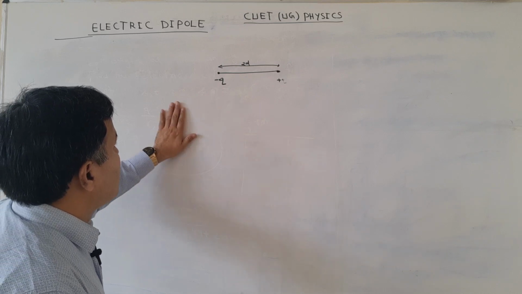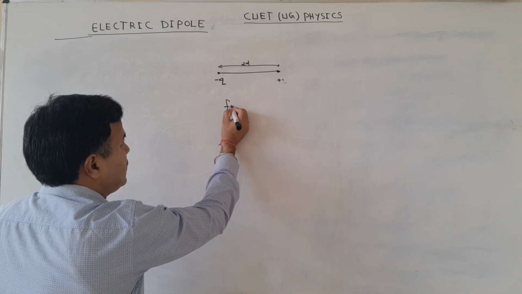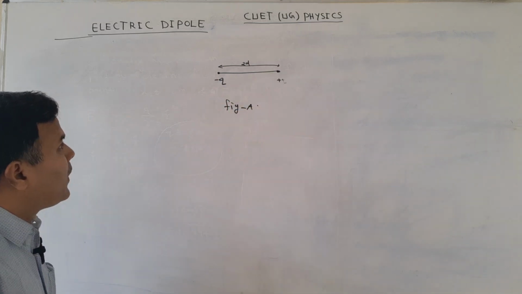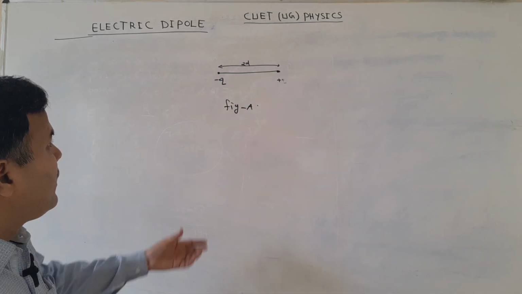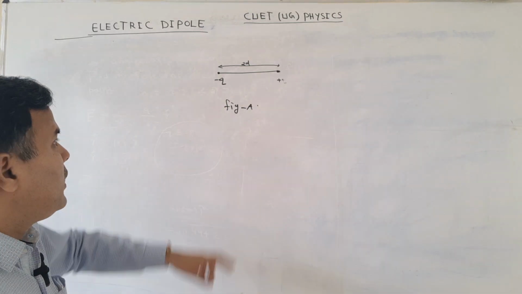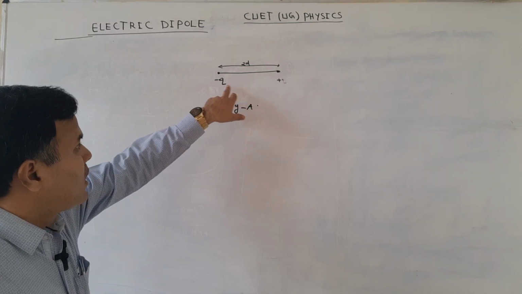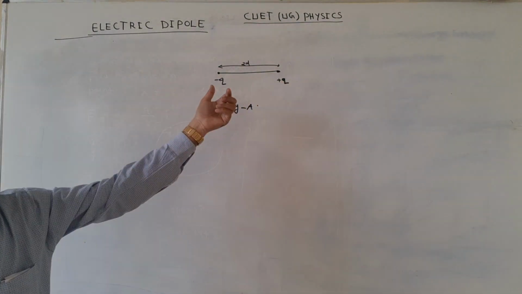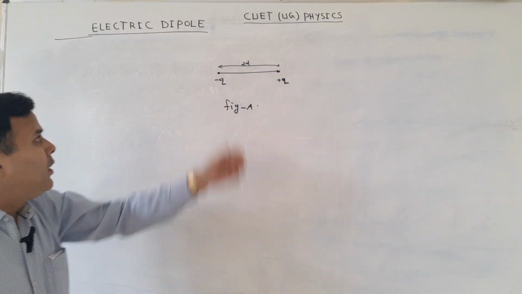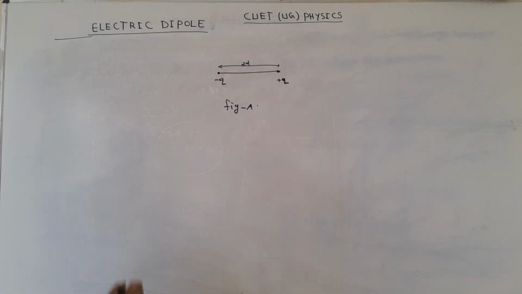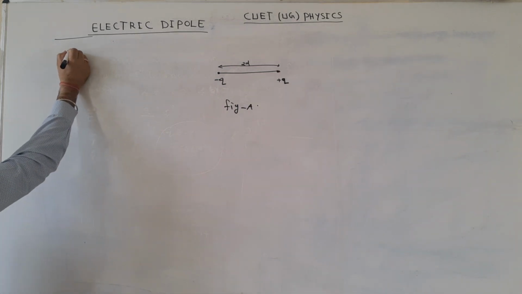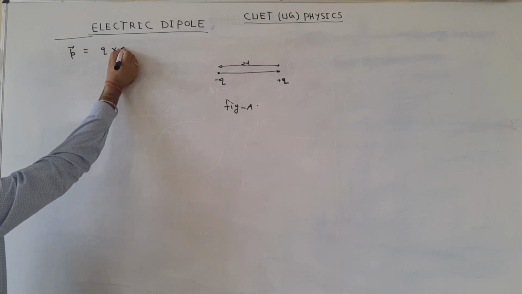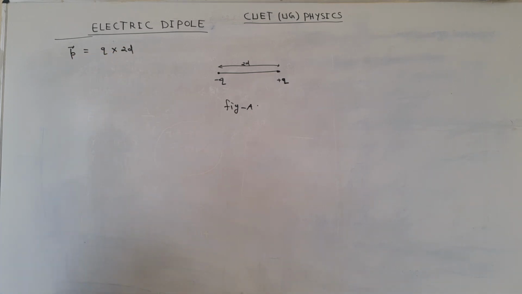This figure represents the electric dipole moment arrangement, in which this is the minus charge and this is the plus q charge, separated by a distance 2d. It is represented by the letter P, which is q cross 2d.